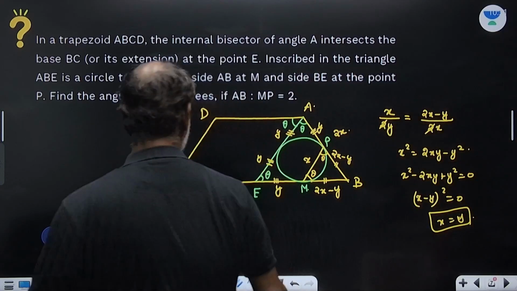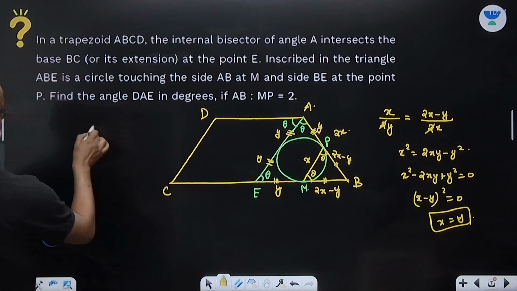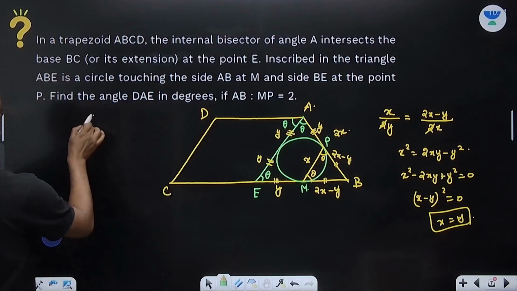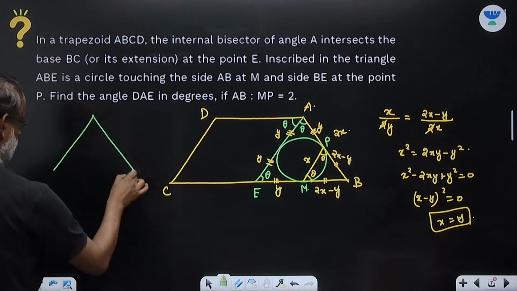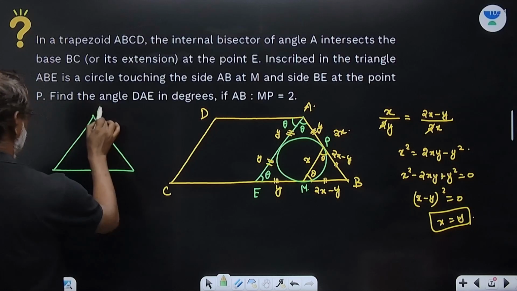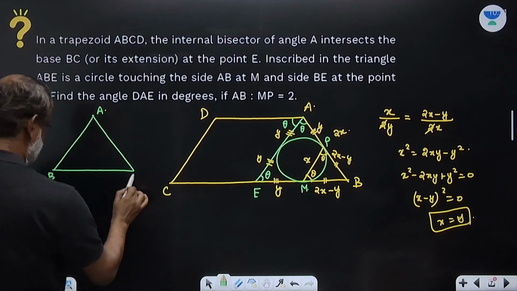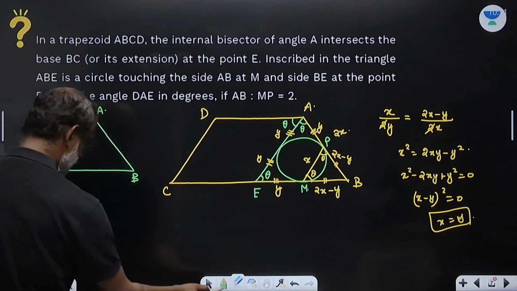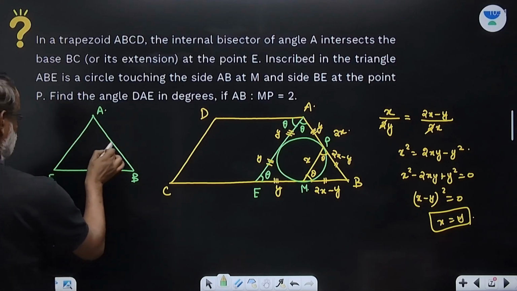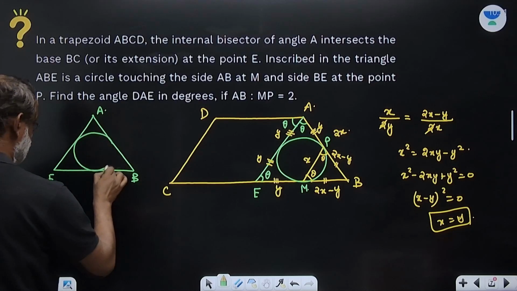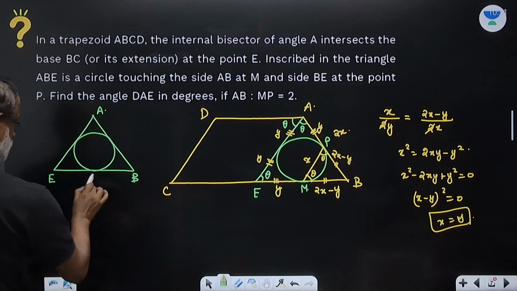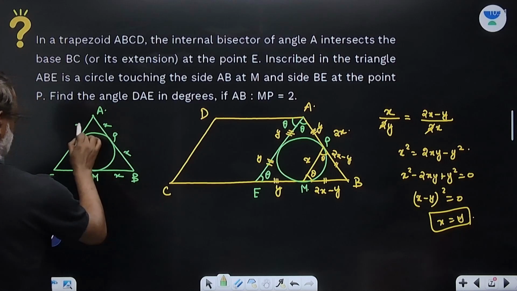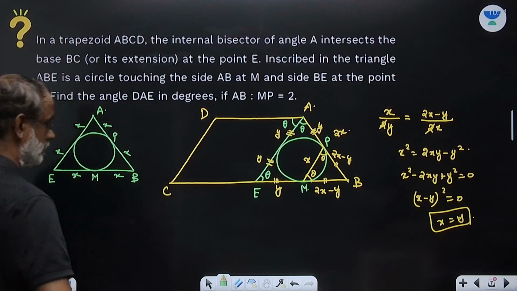Okay. So, all in all what we are getting is that in this triangle ABE, let me draw it separately. ABE, MP. So, this is x, x, x, x, x, x.